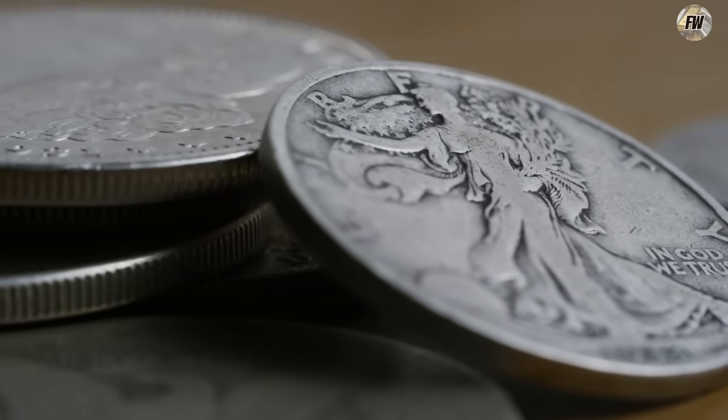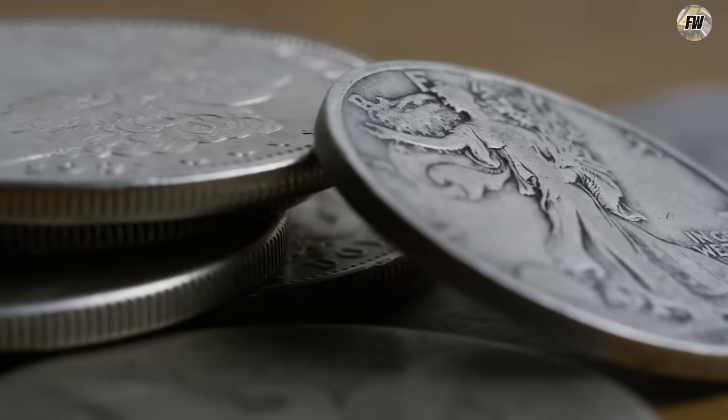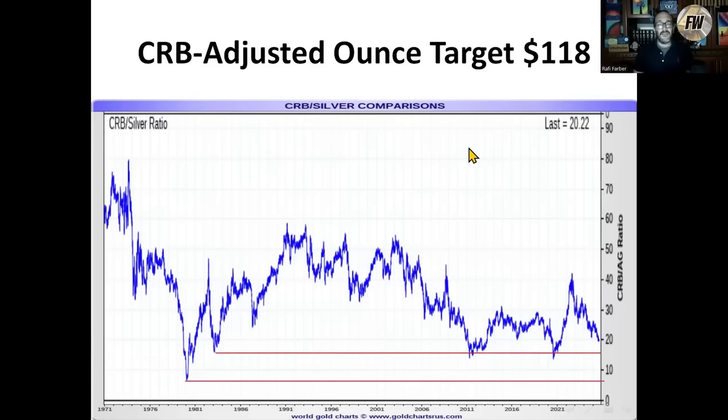The seven targets for the silver price, starting with the CRB adjusted ounce target of $118. CRB adjusted means we're going to take the silver ratio to the CRB commodity index, its lows, meaning how many ounces of silver did it cost to buy one basket of CRB commodities.